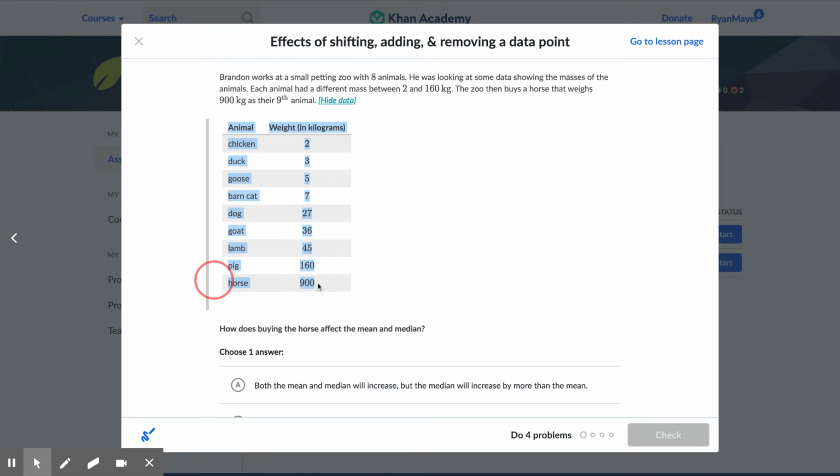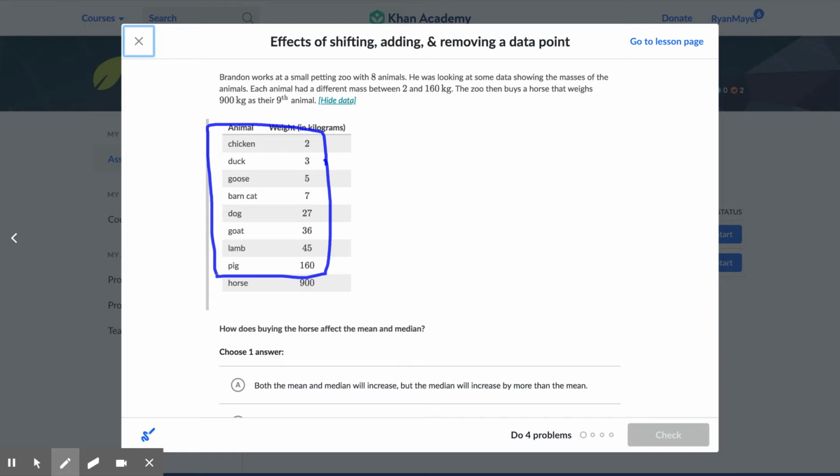This is the new one that we're adding. It's going to be a lot more helpful if you have paper or something like that. You have to think first, here's my data, and you need to figure out what my mean and median are with this data right here, because in the beginning, we did not have this horse.